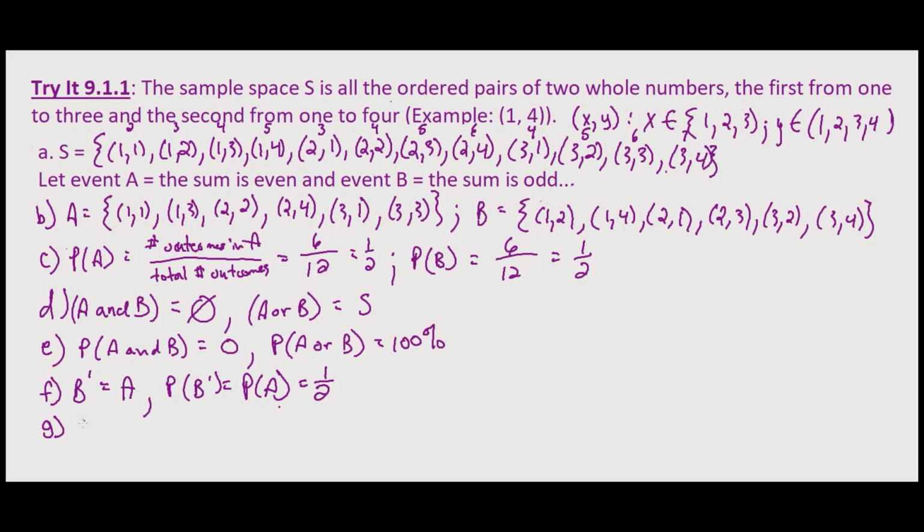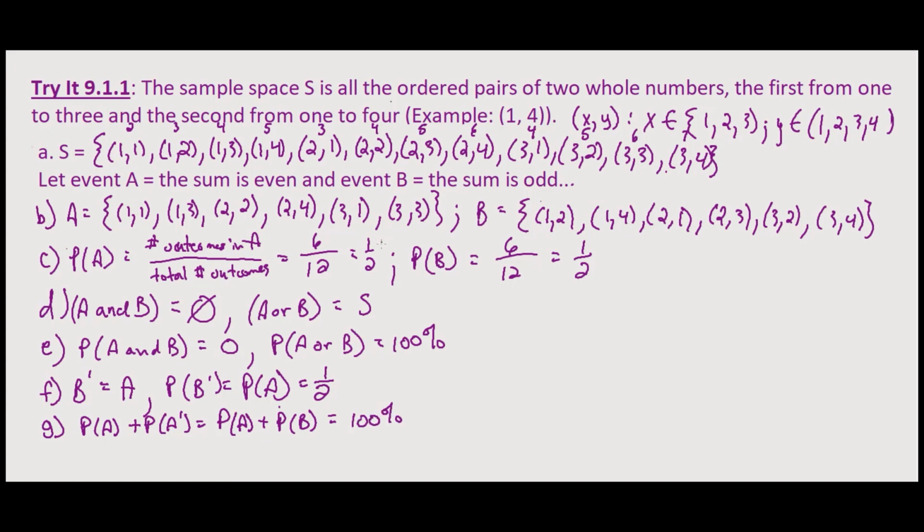Part G, we're looking for the probability of A plus the probability of A complement. But as we already discussed, A complement is just B. So the probability of A plus the probability of the complement of A equals the probability of A plus the probability of B, which equals 100%.